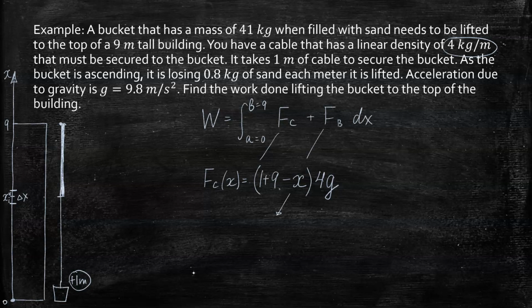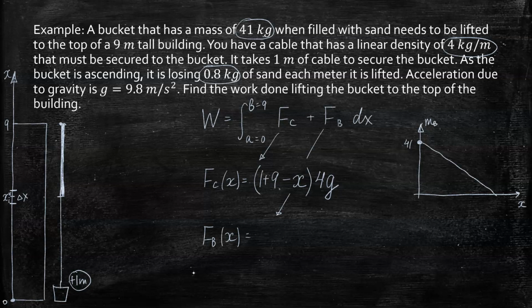We need to consider the fact that the mass of the bucket initially is 41 kilograms, but it's losing 0.8 kilograms of sand for each meter. So if we're just looking at the relation between the mass of the bucket and the distance, we're going to see that the mass of the bucket initially is 41. But as you go up 1 meter, it loses 0.8 kilograms.